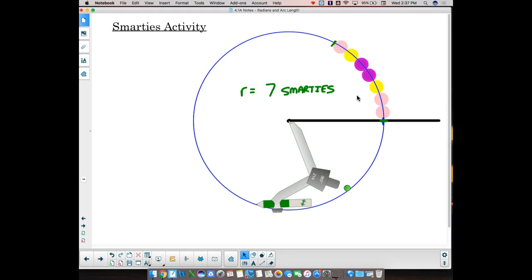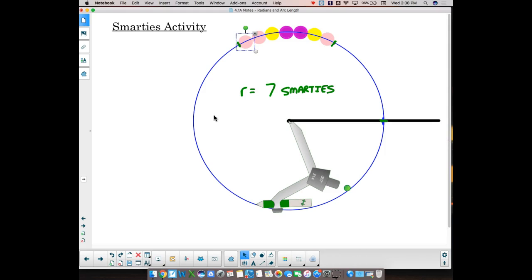So now I would move my Smarties to this side. And then I put a tick mark.